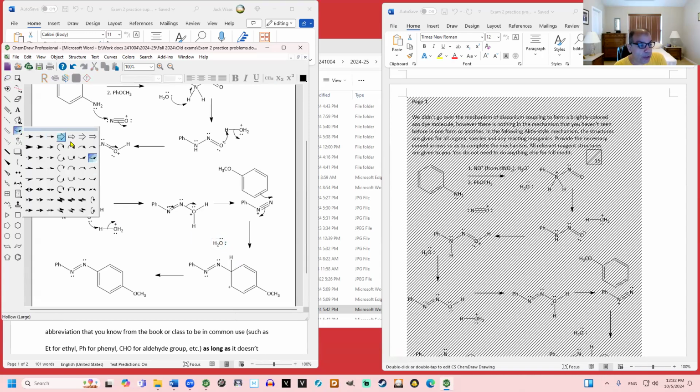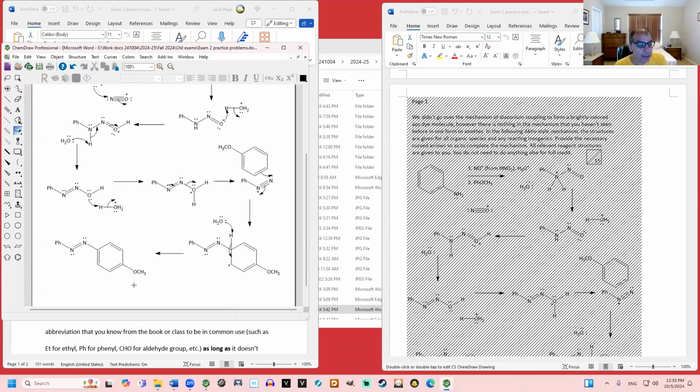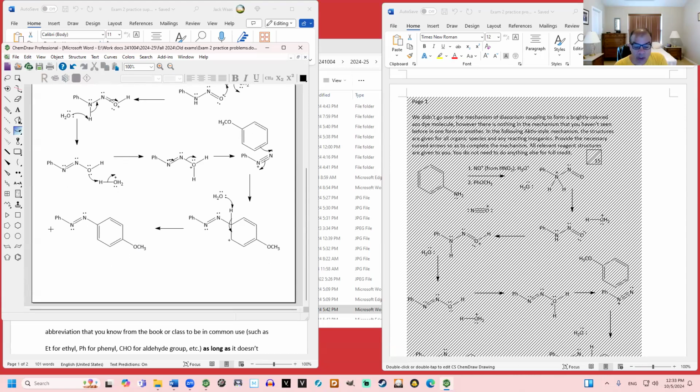So that's a perfectly reasonable base to accept that proton and form a hydronium ion. And then we shift the electrons in the carbon-hydrogen bond back into the aromatic ring and restore aromaticity. And this type of species is known as an azo dye, like it says in the problem. They're generally very brightly colored.